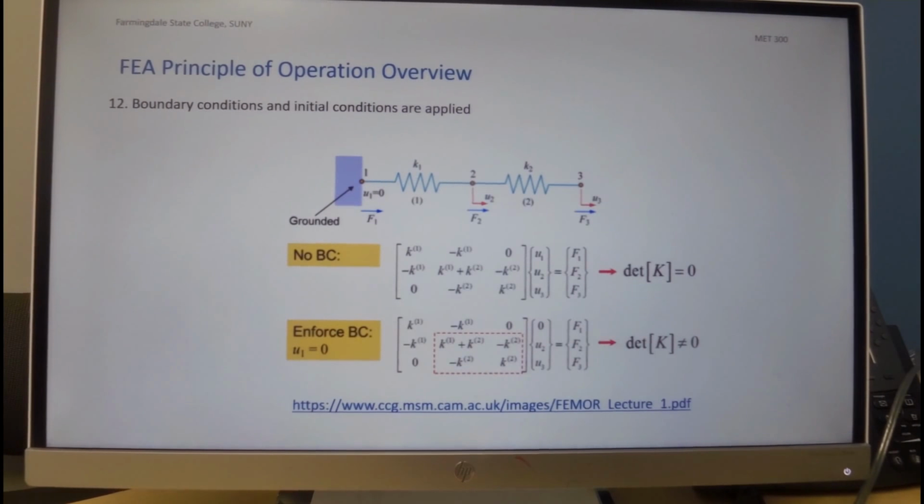And the solution for the system is done after we assign boundary conditions.